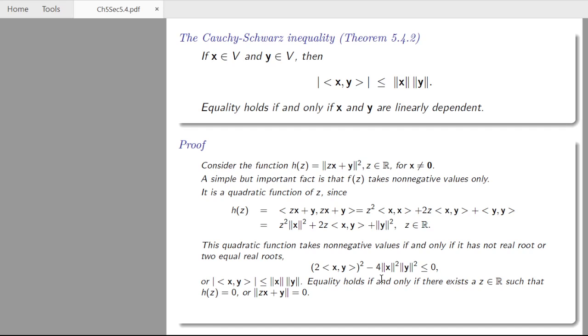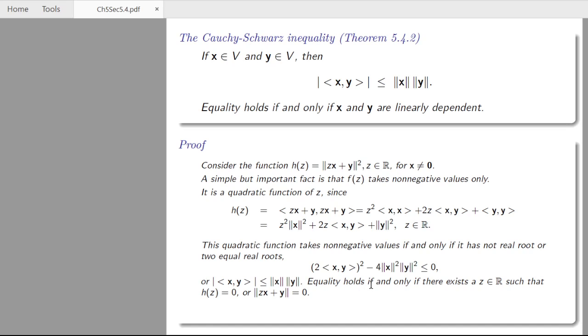Then move the second term to the right side. Then take the square root, and we get the absolute value of the inner product between x and y is less than or equal to the product of the lengths of x and y.